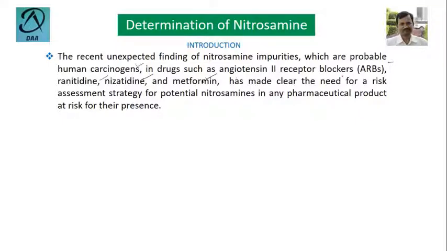You know that metformin is a very useful medicine for diabetic patients. And they have made clear the need for a risk assessment strategy for potential nitrosamines in any pharmaceutical product at risk for their presence.